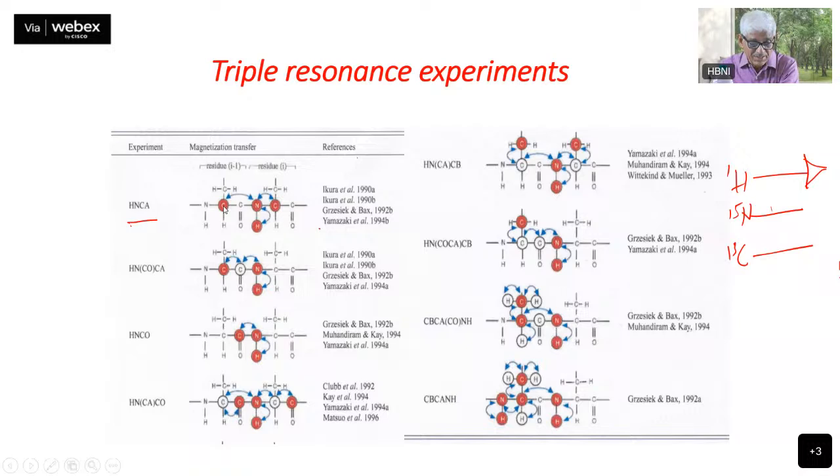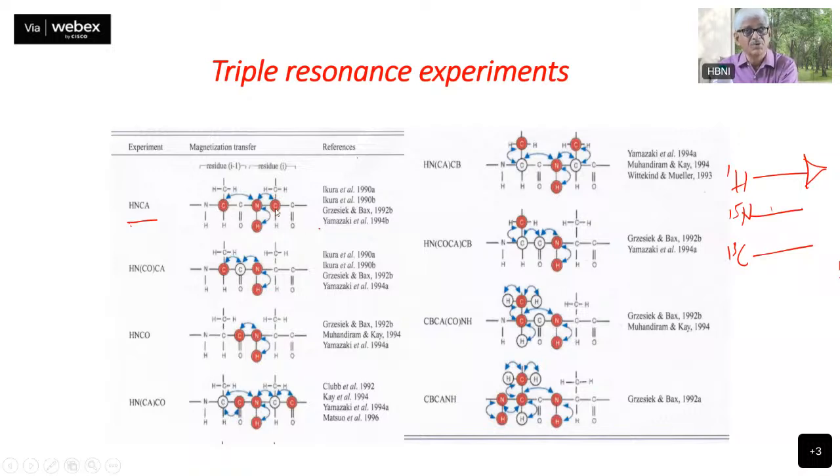After you label the carbon-13, you transfer back to the nitrogen, and from nitrogen you come back to the proton and detect the proton. So this proton will be the T3 dimension. You start from the proton and transfer to the nitrogen, with the T1 incrementation here on the nitrogen. Then from there you transfer to the C alpha, and then to this C alpha.